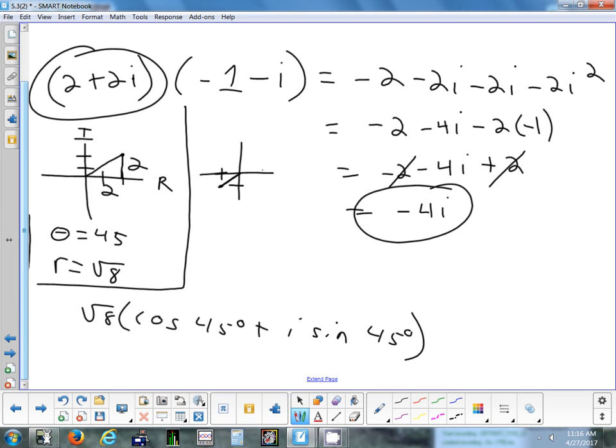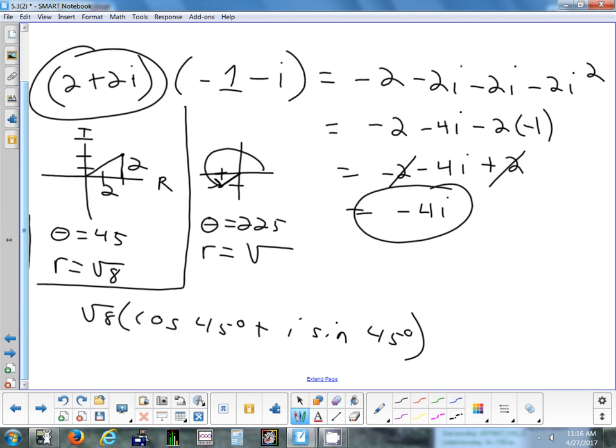So what would be the angle to go the way I just traced? If you're stuck, think of it, you've got to go halfway, right? Figure out what halfway is, and then you're going 45 degrees past halfway. Yep, it's 225.